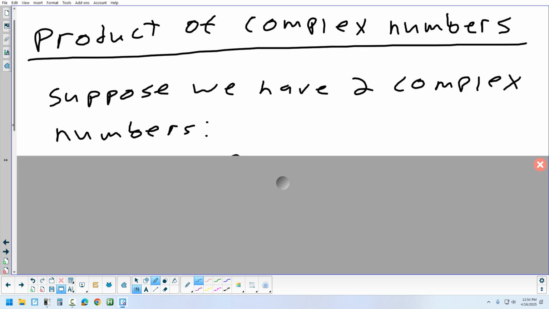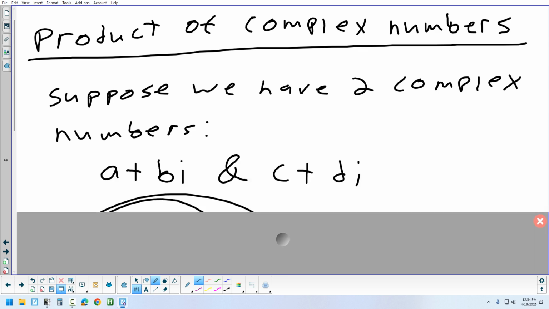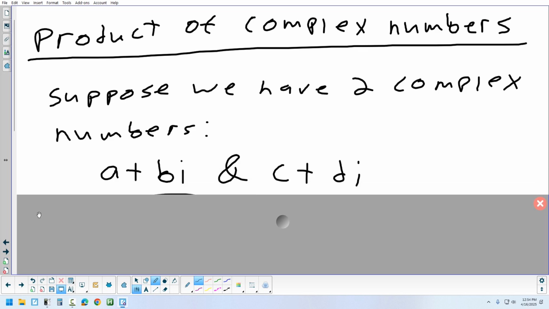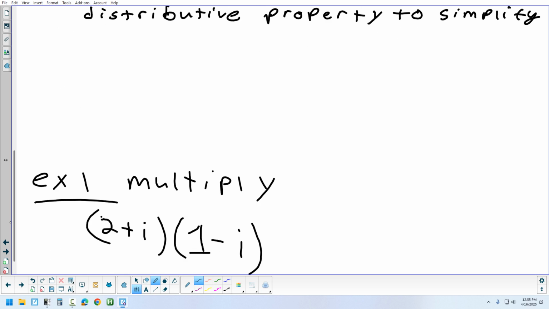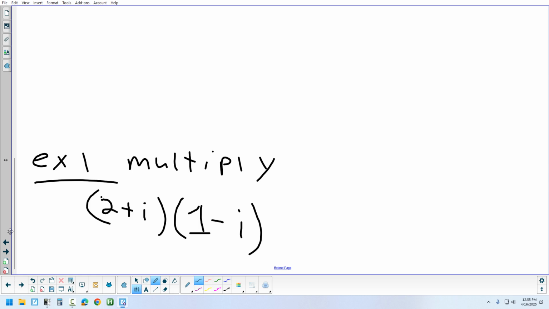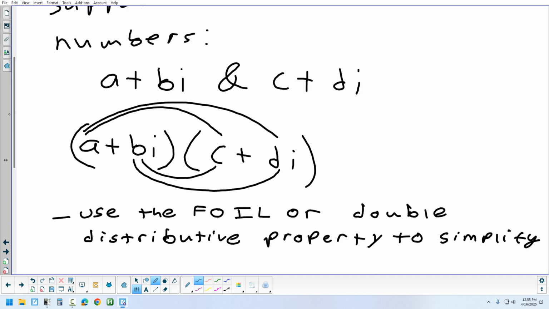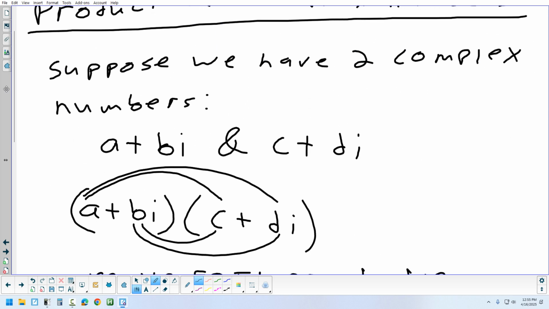So when you are multiplying two complex numbers, let's say those are our two numbers, the a, the b, the c, and the d, those will all be numbers when you have an actual problem. Something kind of like that, 2 plus i times 1 minus i. When you multiply these together, you do the distributive property.